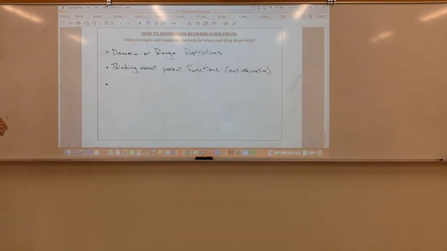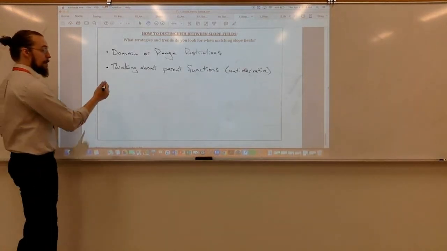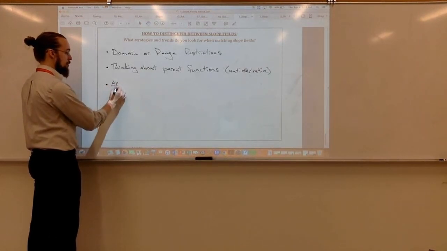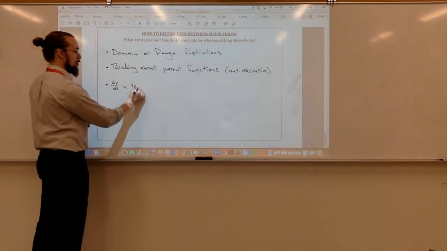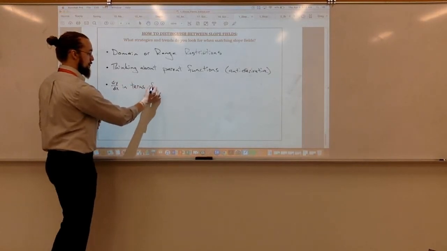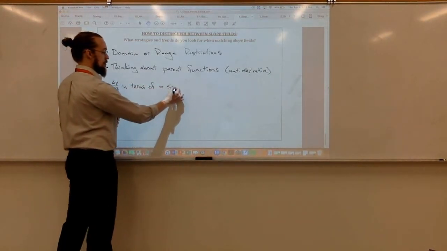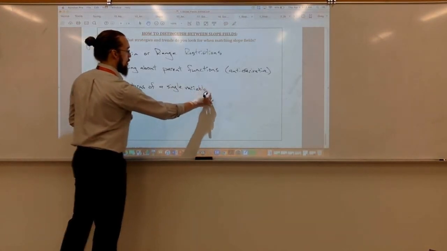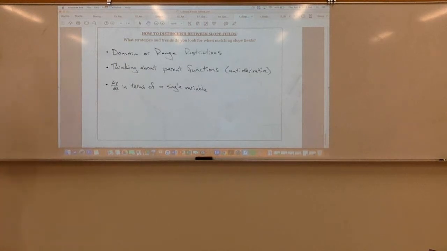It's in one variable. Yeah, if we have dy/dx in terms of a single variable, right, so that means that if it's just in terms of x, if I look at an x value, the slope would be the same all the way up and down.